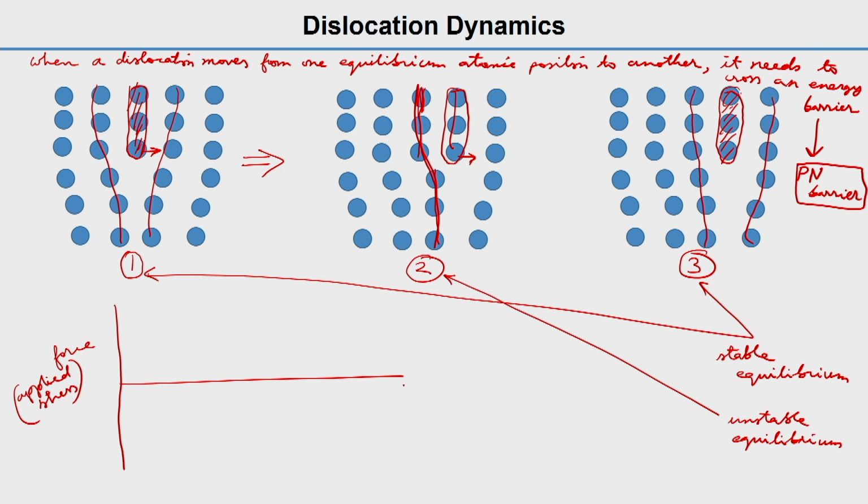If you plot distance on the x axis or abscissa, it will look something like this. Position 1 will be here, position 3 here, position 2 here.